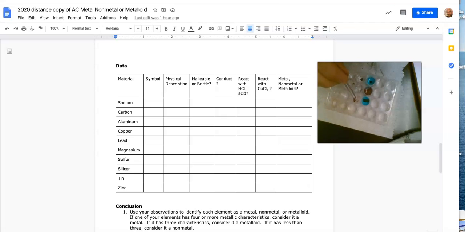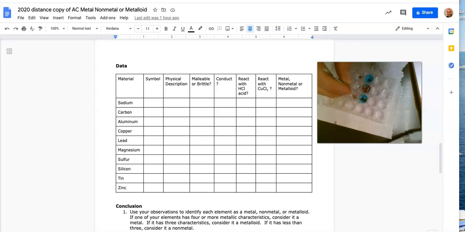I don't know if you ever did any of those things in elementary school where you put some pennies in vinegar to shine them up, or in anything that's acidic like tomato sauce, salsa, ketchup. It'll all do it. So I don't think the copper is actually reacting. It just reacted with the impurities that were on the copper, the way it looks.